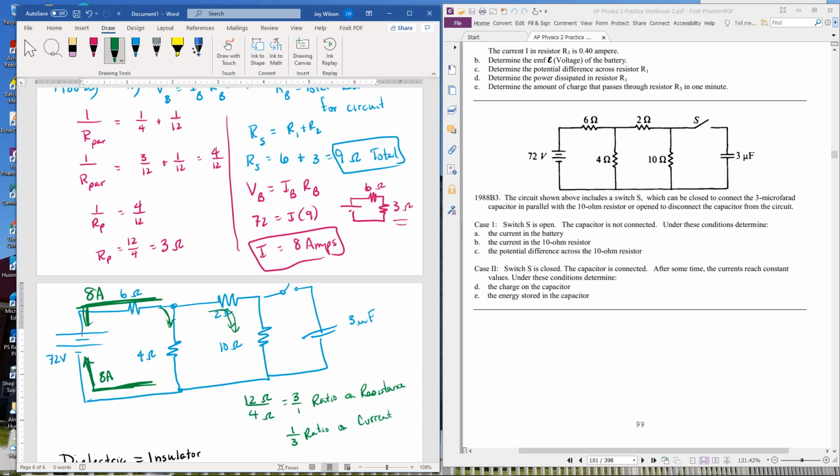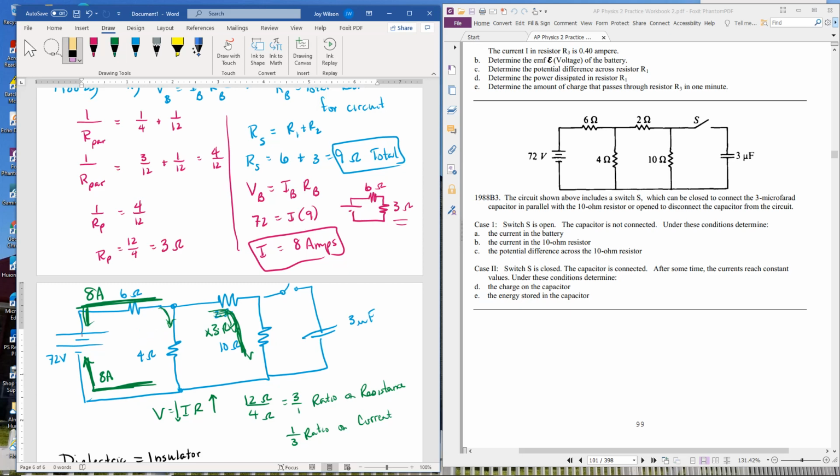What do I mean by that? Well, let's go back. V equals IR. So if R goes up, I goes down. The second loop, this one over here, has 3 times the resistance, so this one gets 3 times the current because it's the path of least resistance.